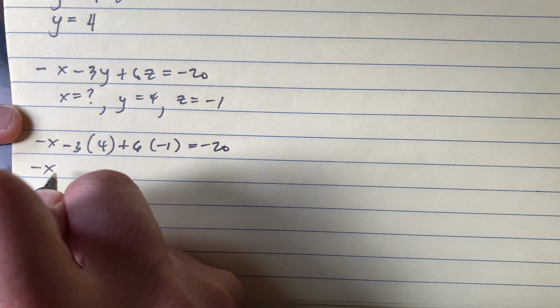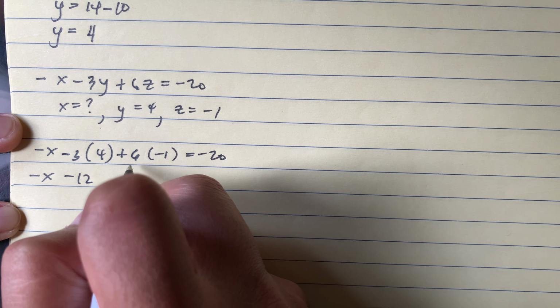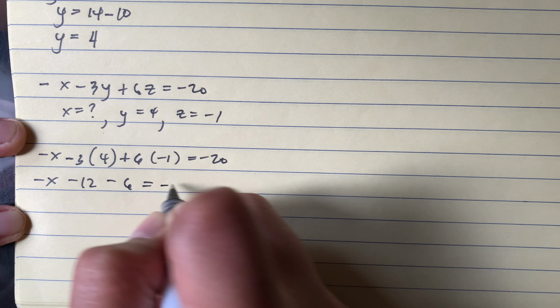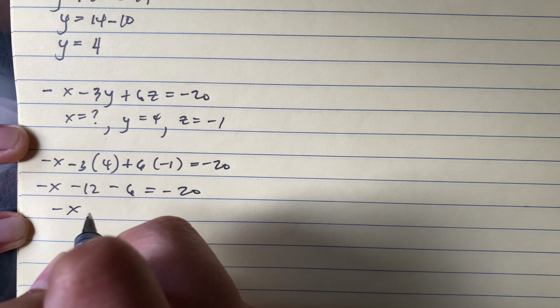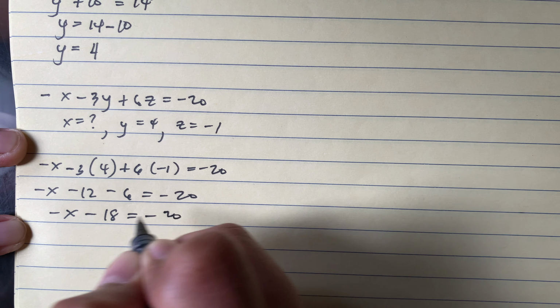So we have minus x, then negative 3 times 4, that will be minus 12. Then 6 times negative 1 will become minus 6, equal to negative 20. Okay, so let us combine like terms. So we have negative x minus 18 is equal to negative 20.